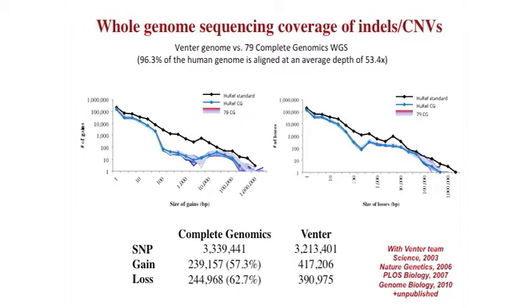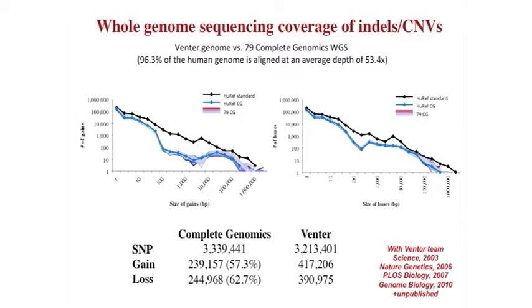They have the best annotation. There's still lots of variants missed, okay? We're really good at detecting single nucleotide variants, but when it comes to finding these insertion deletion variants and CNVs, we're missing roughly 50% of them.